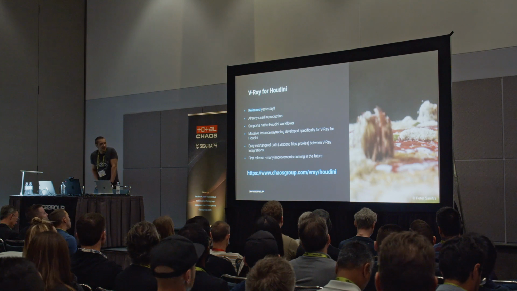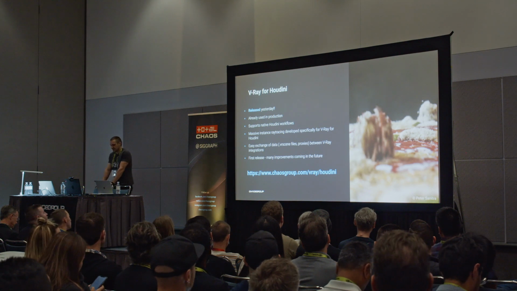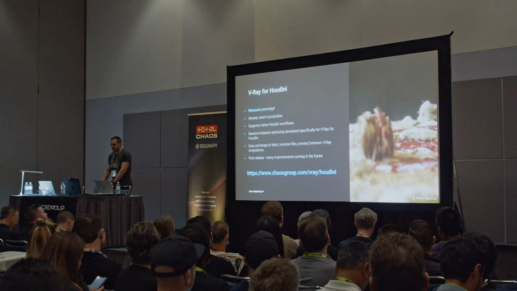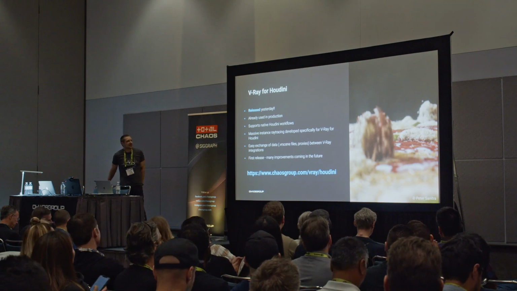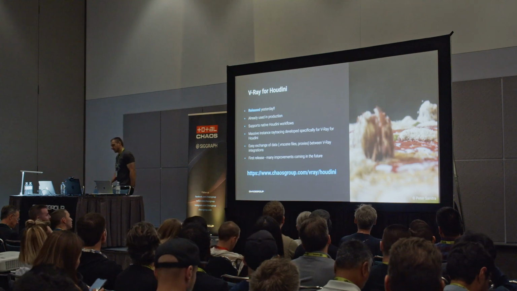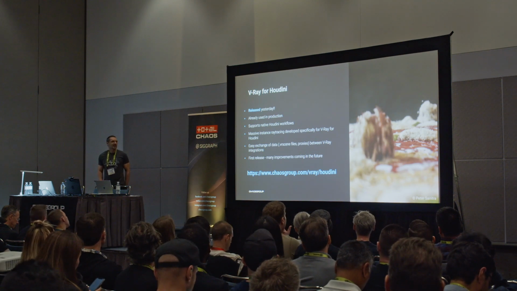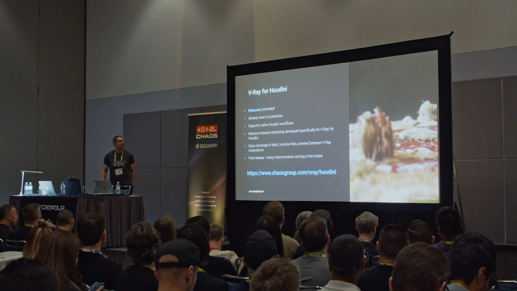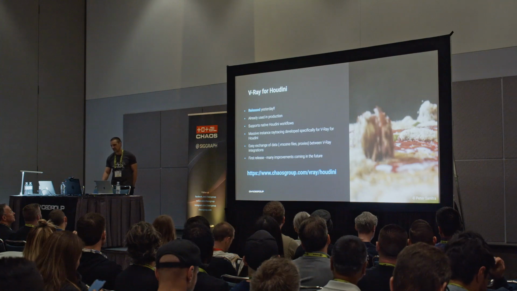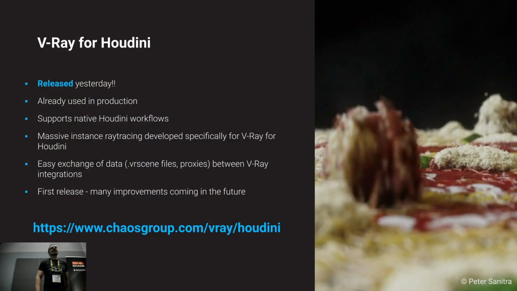Finally, VRay for Houdini was released yesterday. So, yay. We announced the beta version at SIGGRAPH last year, and we were under the impression that we would be done with the release in a couple of months.